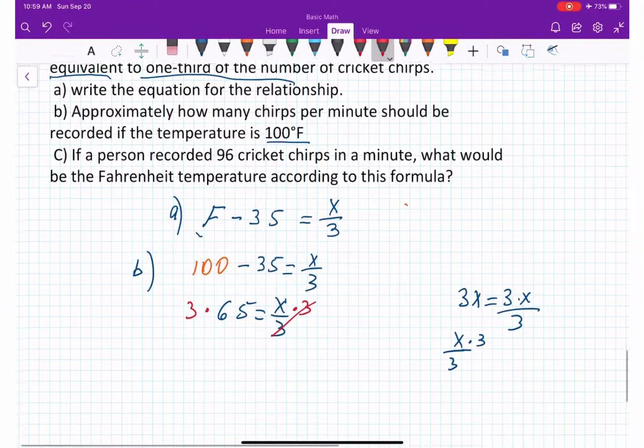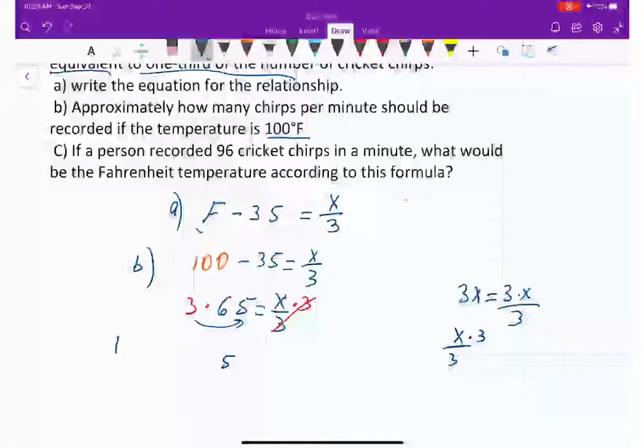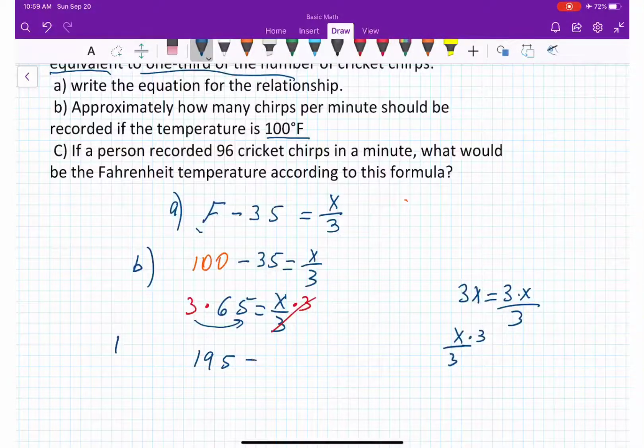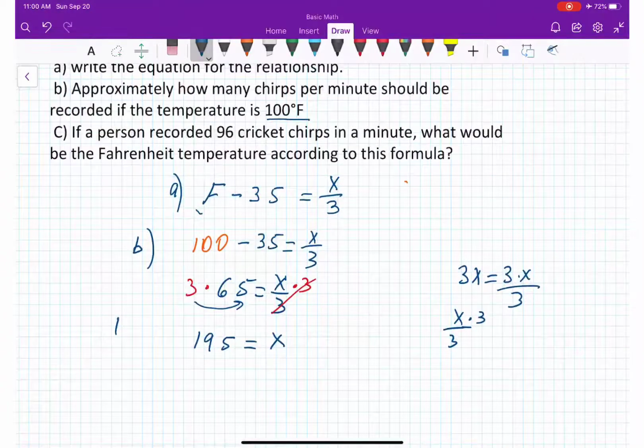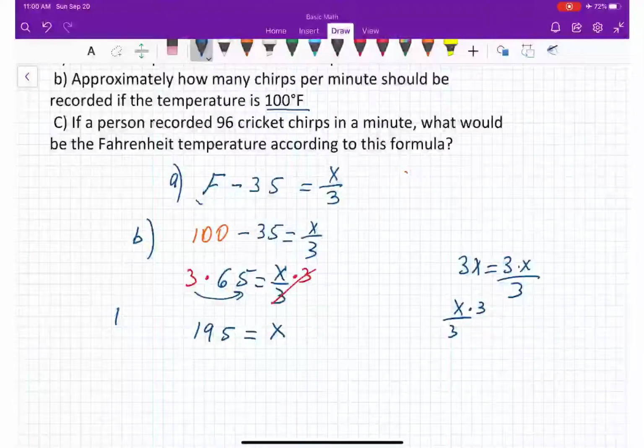This is gone, and x is equal 3 times 65. Let's multiply. 3 times 5 is 15, one in mind. 3 times 6 is 18, and 195 is equal x. So if the temperature is 100 degrees Fahrenheit, then 195 chirps per minute should be recorded.